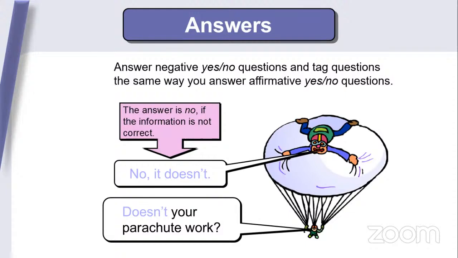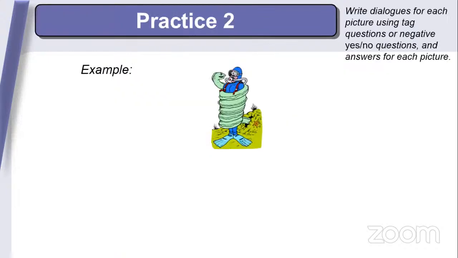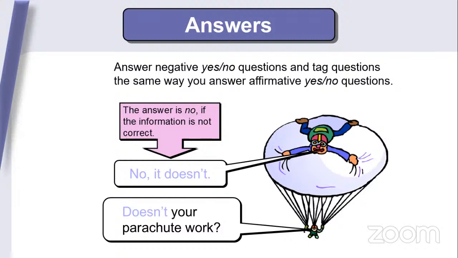The answer is no if the information is not correct, right? I can say, it isn't raining, is it? No, you can say it's raining, right? Or no, it isn't, something like that.